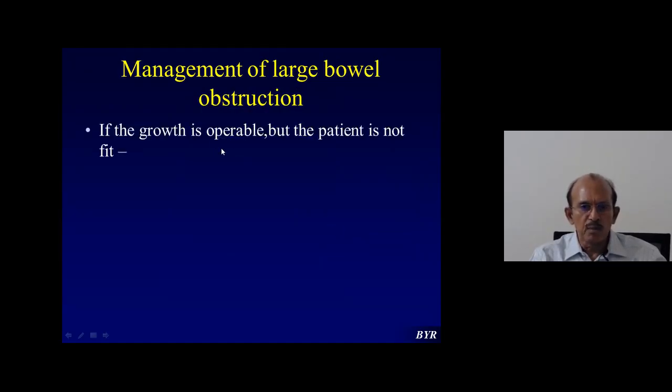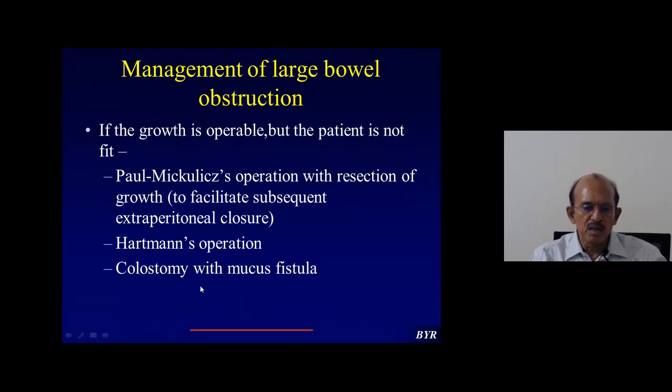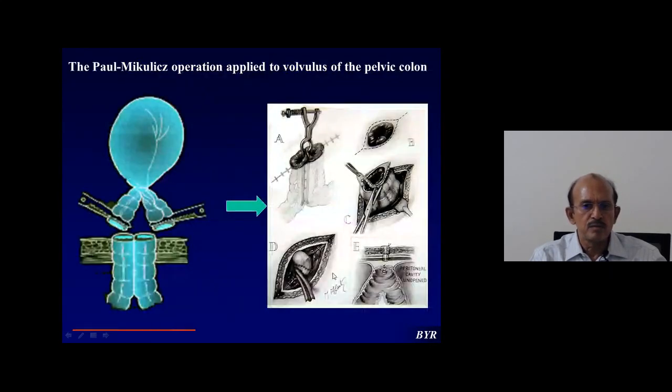If the growth is operable, but the patient is not fit, you do Paul Mikulicz's operation with resection of the growth, or Hartmann's operation, or colostomy with mucous fistula. This is called Paul Mikulicz's operation. For example, a gangrenous volvulus, or a tumor where the tumor is resectable but the patient is not fit for resection and anastomosis.